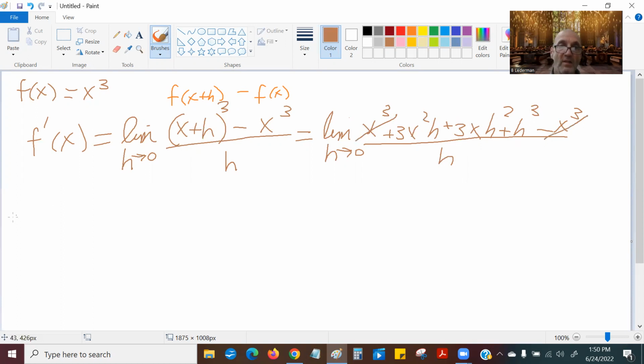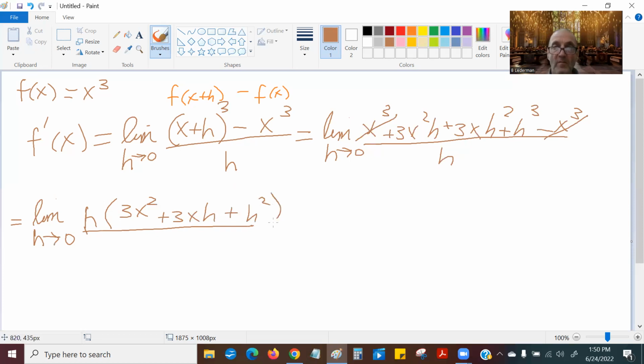I'm going to rewrite this now as the limit as h goes to 0 of, and I'm going to do another step: factoring out one h, not all of them, just one h. I'm left with 3x squared plus 3xh plus h squared, over h.